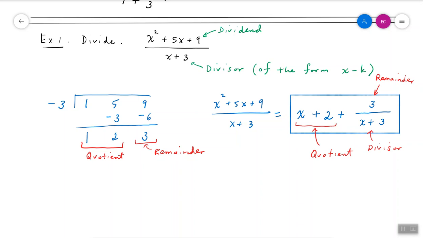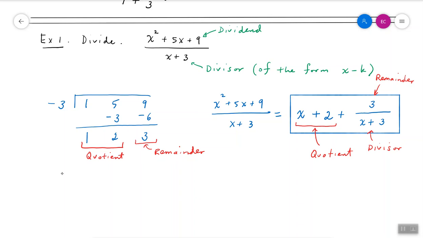Okay, one more thing I want to do is I want to convince you that this really is true, that the expression here on the left really is equivalent to the expression here on the right. How could you check your answer? How could you make sure that it really is true?